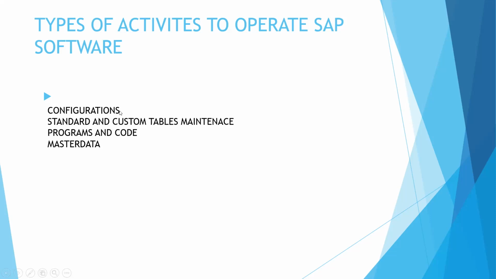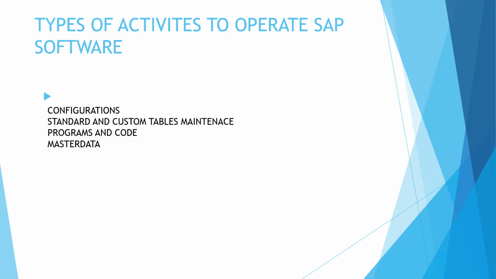No worries. Configuration is nothing but customizing. SAP is big software, right? Whatever you want for your customer, you configure and give to your system. For example, you bought a Dell laptop.